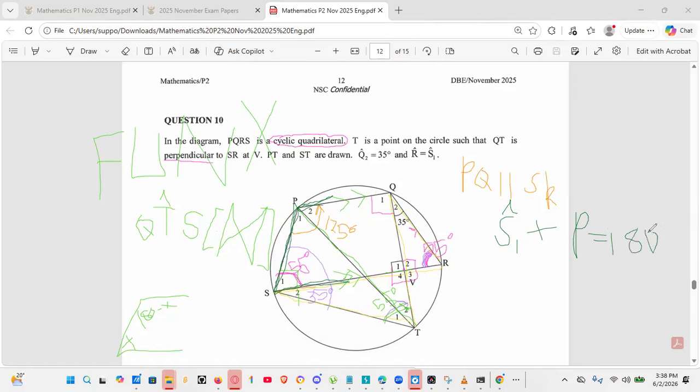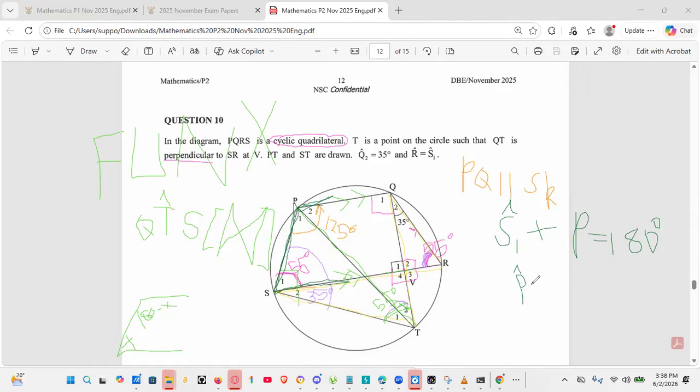So I'll say, now that I know that this is 55 over here, from the previous question, QTS 55, QTS plus P gives me 180. Those are inner angles of a cyclic quad. Therefore, P is 125.